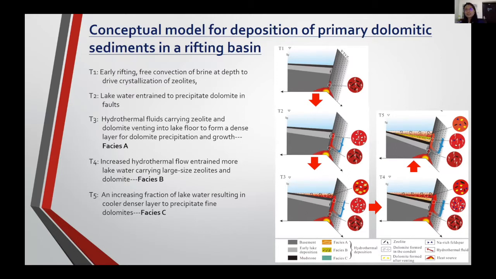The cooler dense layer of fluid at the lake base continues to precipitate fine dolomite, forming facies C.